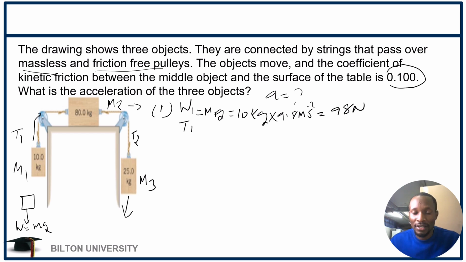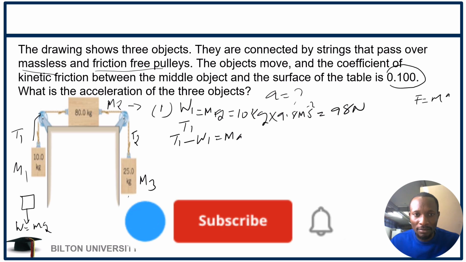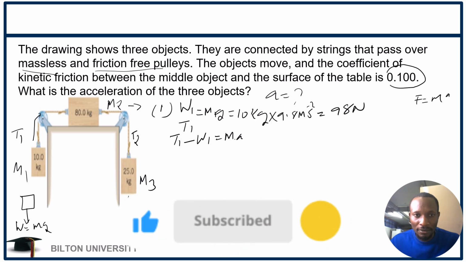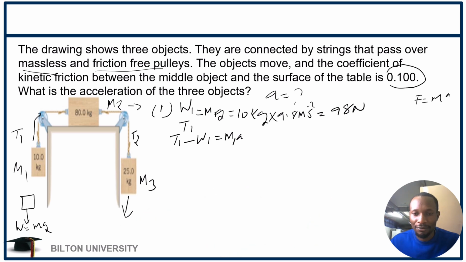If we relate to the second law of motion, which says F is equal to ma, we can say T1 minus W1 is equal to m1 a, where a is the acceleration at which it moves. Our aim is to determine this acceleration, and the same a applies to all since the string is massless.